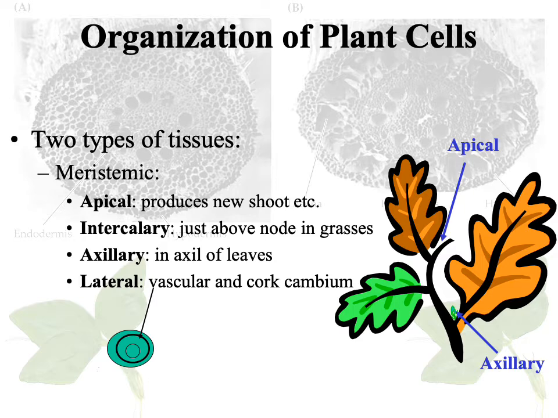The intercalary meristem is only in grasses, and it is an unusual meristem, but you'll understand the way it works when I explain it to you. It's not at the tip of grasses, it's at the base of grasses, oftentimes just slightly below ground in what we would call the crown of the plant.